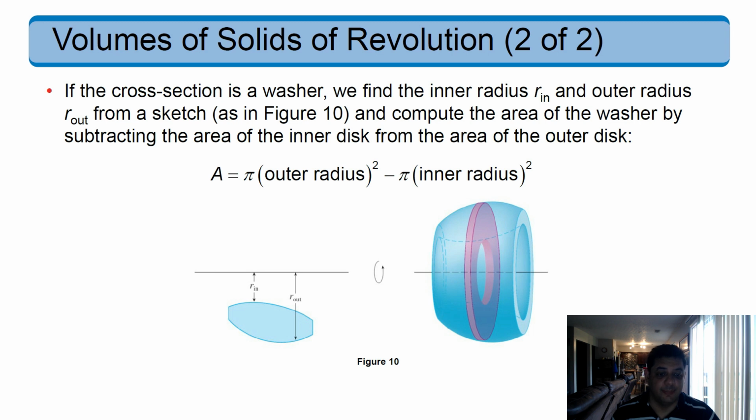This is a cross-sectional piece, and we can find its area by calculating the difference between the two circles: the big circle, whose area is pi outer radius squared, minus the inner circle, whose area is pi inner radius squared. Now, once we have this, it's just a matter of integrating the areas. So one of the big things here is to be able to identify which is the internal and which is the external radius.